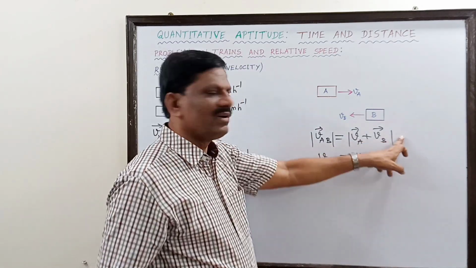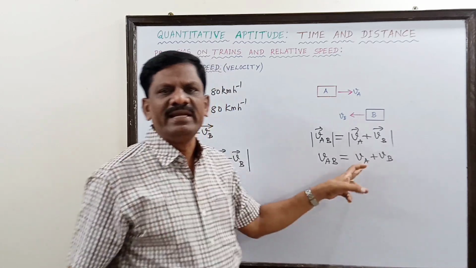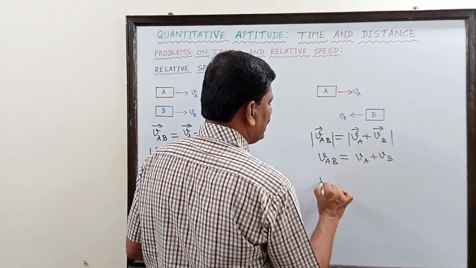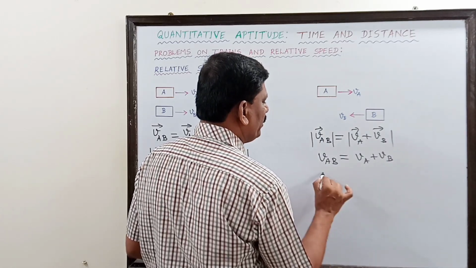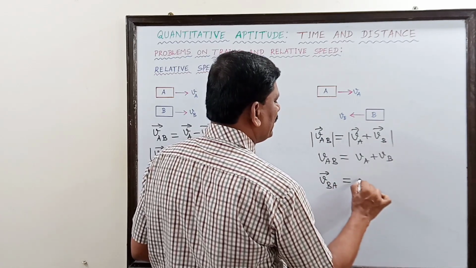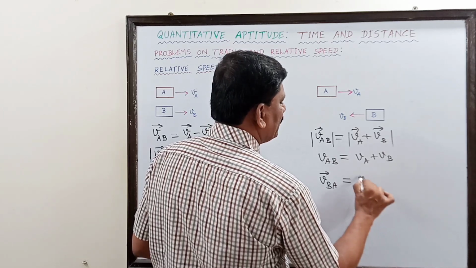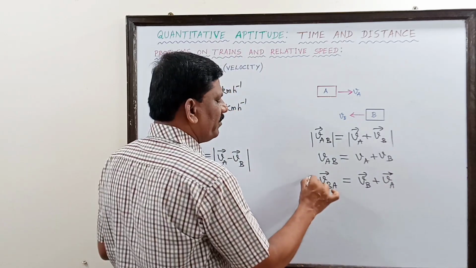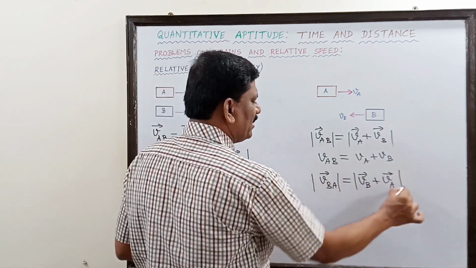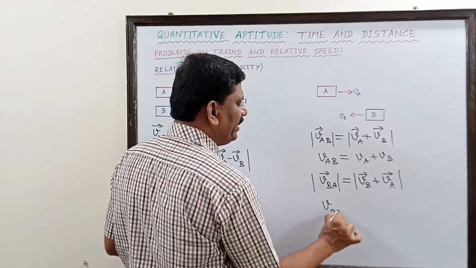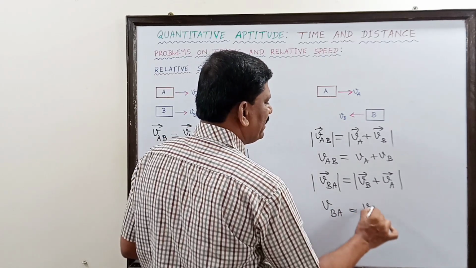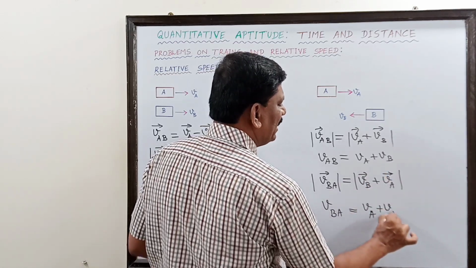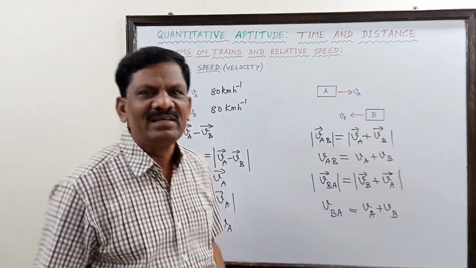The first equation is for velocity, the second equation is for relative speed. Similarly, the relative velocity of B with respect to A is VB vector plus VA vector. If you take the modulus of the vectors on both sides, this is the relative speed of B with respect to A, which is again VB plus VA, also equal to VA plus VB. Both are one and the same.